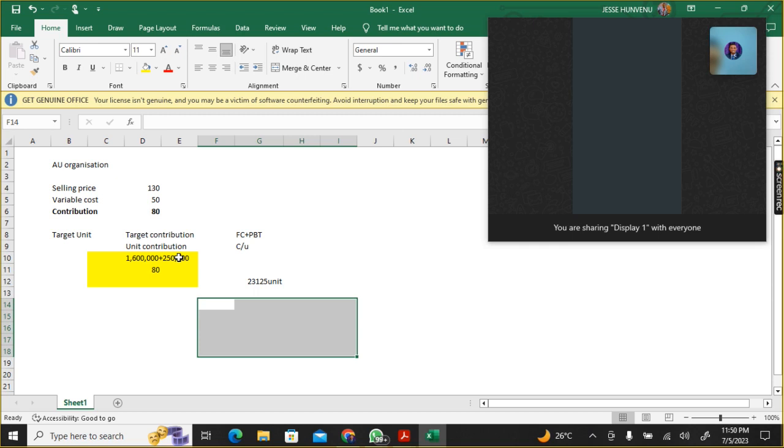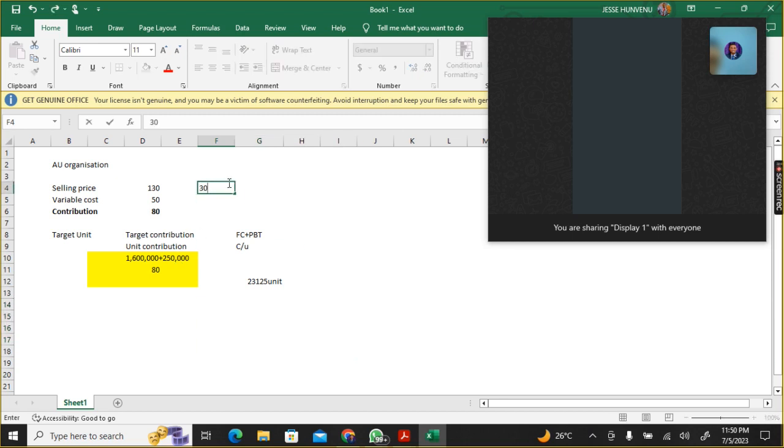And also, for example, if they ask what will be the target unit to be sold to generate profit after tax, given a 30% tax rate. Imagine that we are given a 30% tax rate with the same thing.